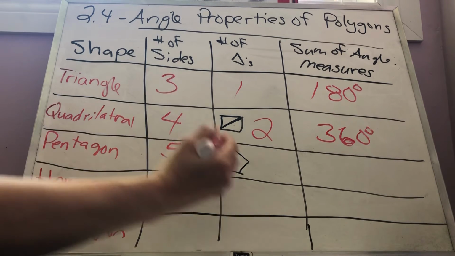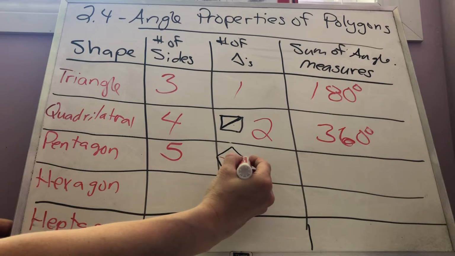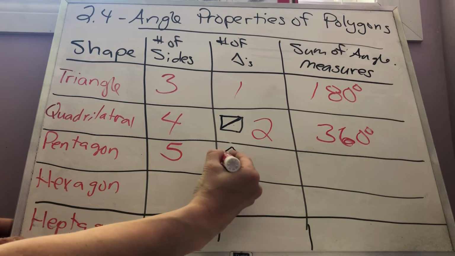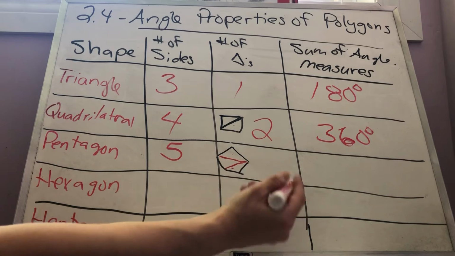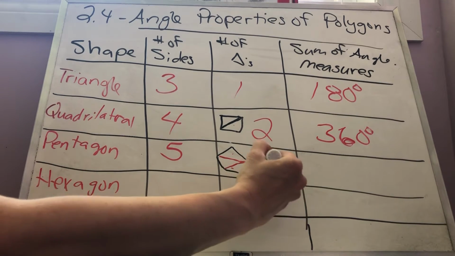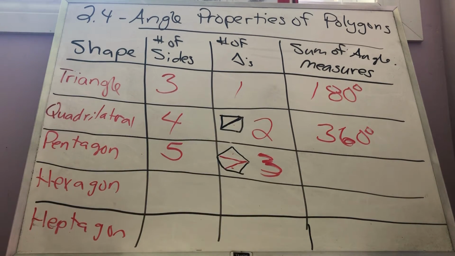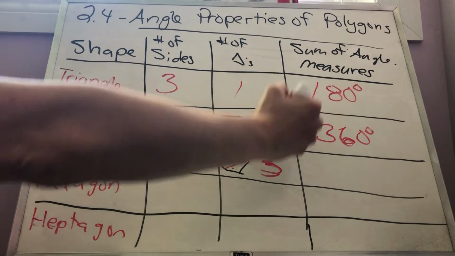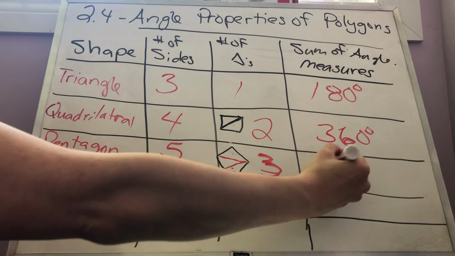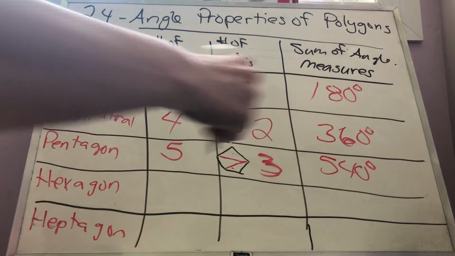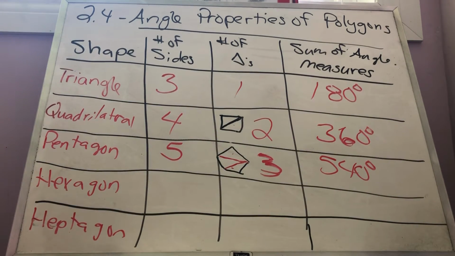So, let's see. There's a triangle. If I drew 2 lines there, see? Triangle, triangle, triangle. So there's actually 3 triangles in a pentagon. So that would be 180 times 3, because there's 180 degrees per triangle, right? So 540. And now you might be seeing a bit of a pattern here, which, if you do, that's great.